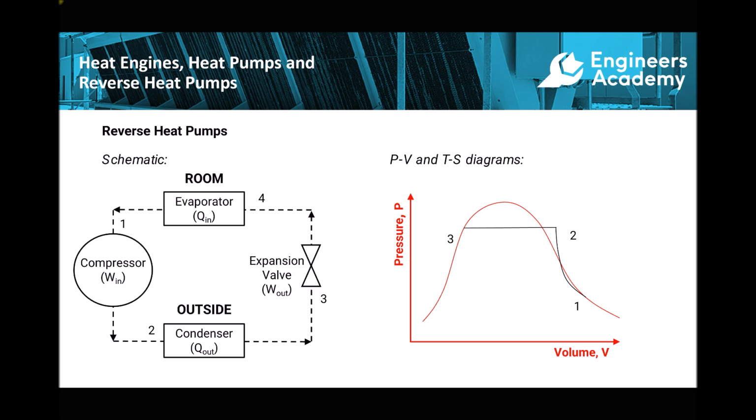So when we expand the vapour, its pressure decreases and its volume increases. Once again, this is a throttling process or a constant enthalpy process. And it's at this point that our very cold refrigerant enters the heat exchanger inside the room. So what we have is cold refrigerant in the heat exchanger, and the warm air in the room is being blown across that heat exchanger, which contains the very cold refrigerant.